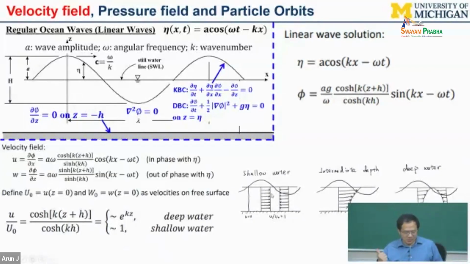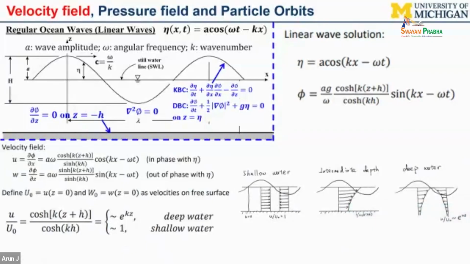That means in shallow water in the vertical dimension, the water particle velocity will be the same. If you have deep water, it's different. At the surface in the horizontal dimension, the amplitude is larger, and with depth, the velocity is smaller.